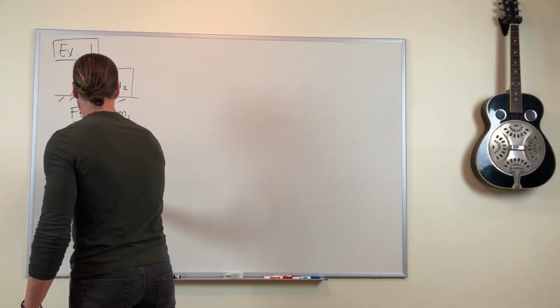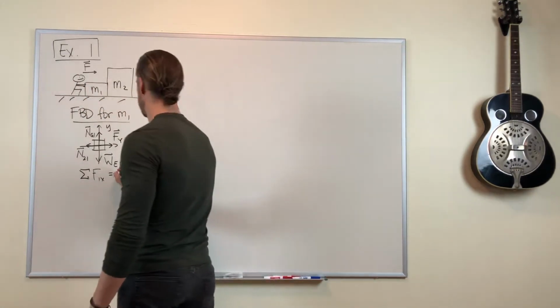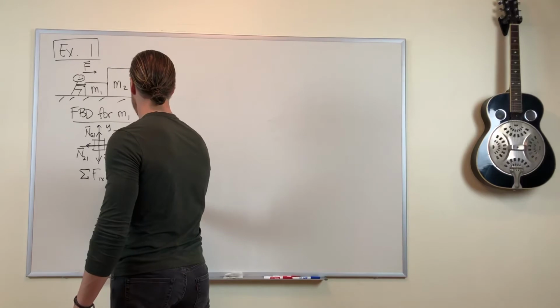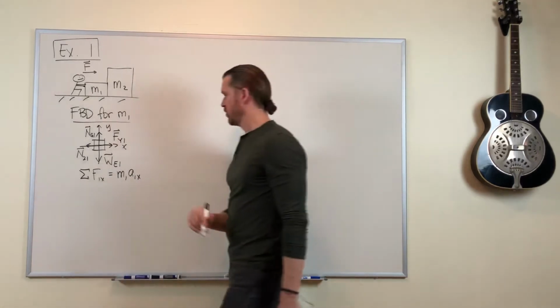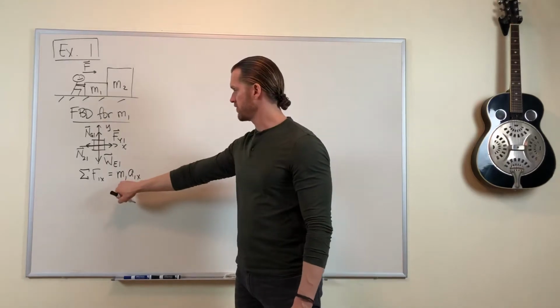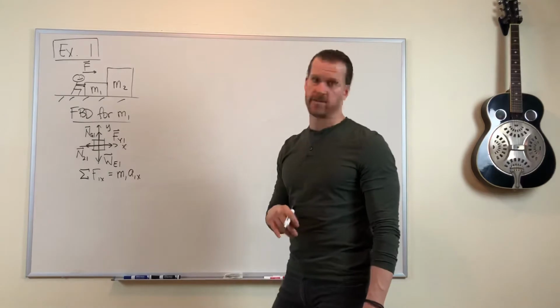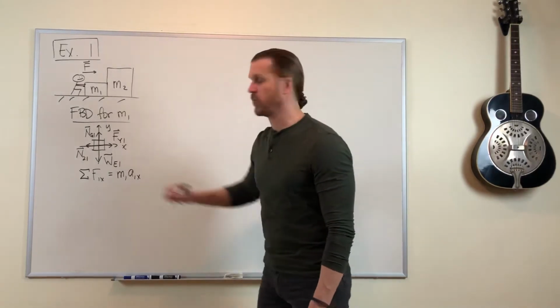So the sum of the forces on mass 1 in x equals m1 a1. I'm being careful to label the mass with a subscript and label its acceleration with a subscript. So I'm putting a 1 for mass 1.